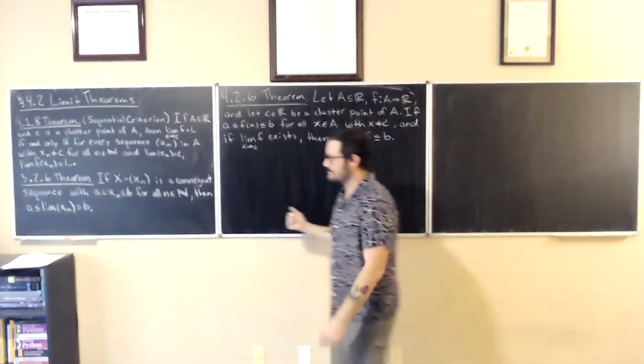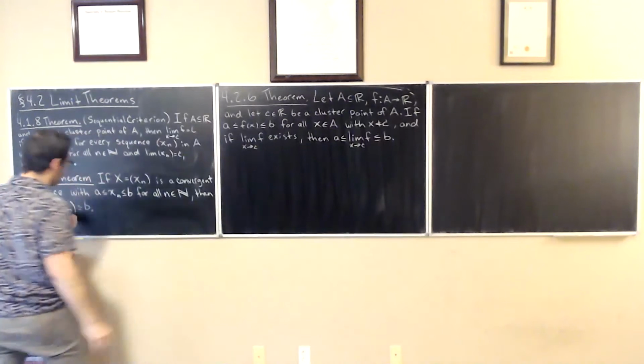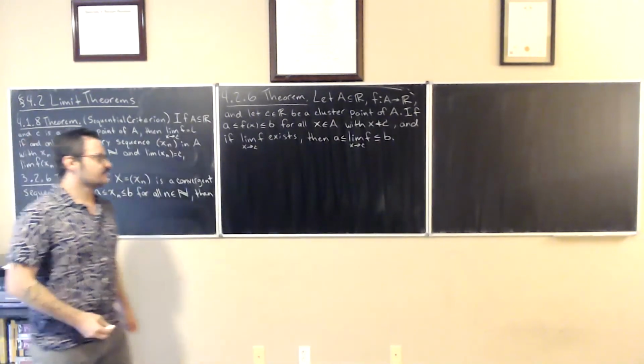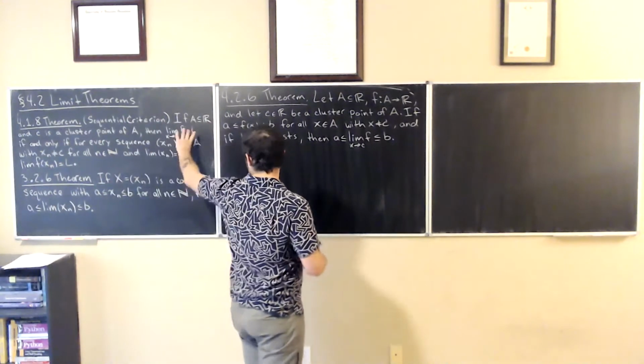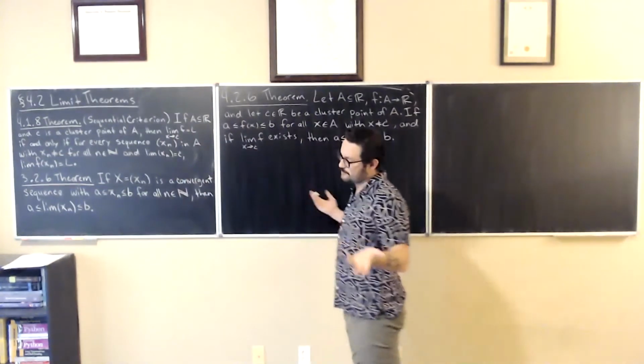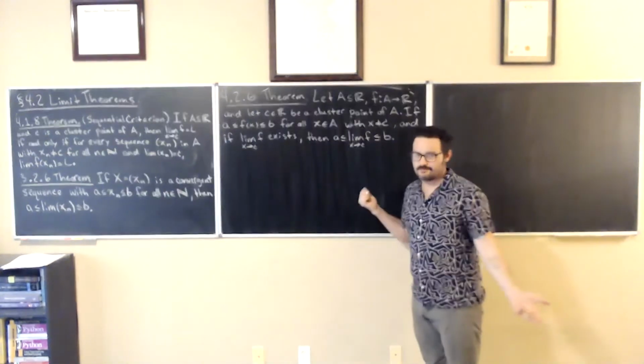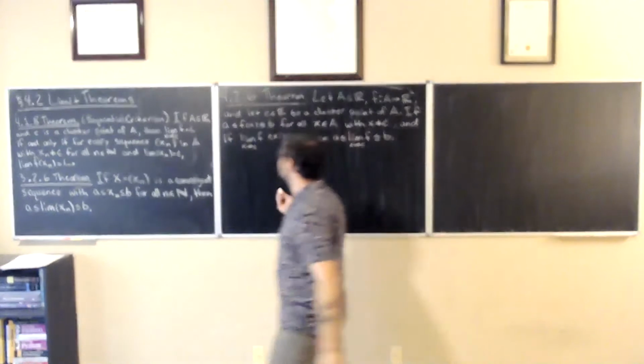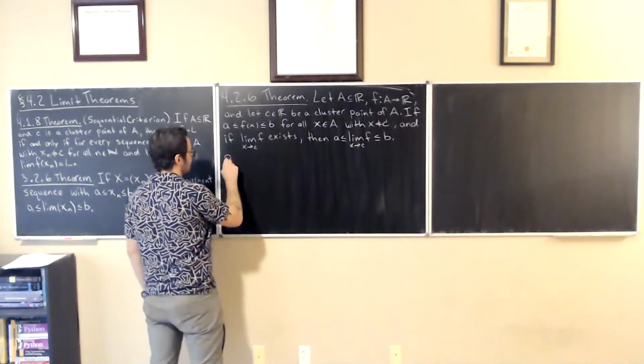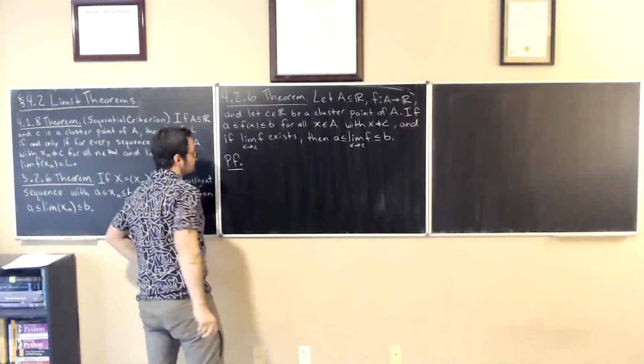This is very similar to a theorem we proved a while back on sequences. Because we have these tools already proven, this is really a very short proof. So let's go ahead and work this out.